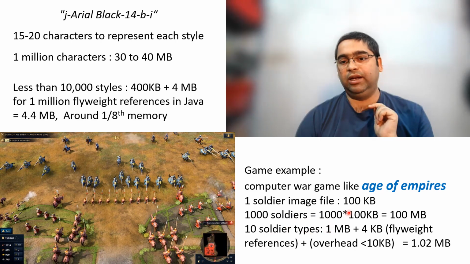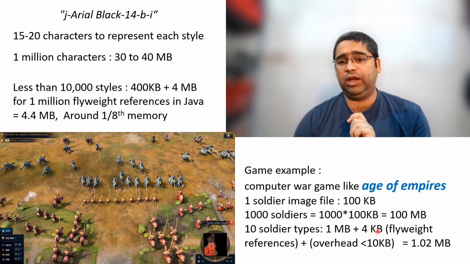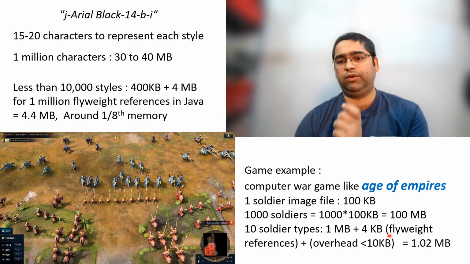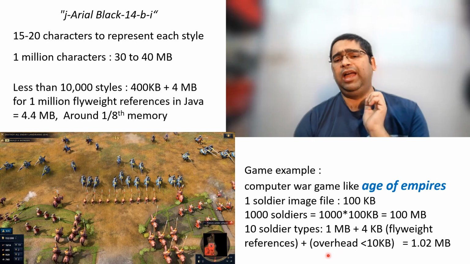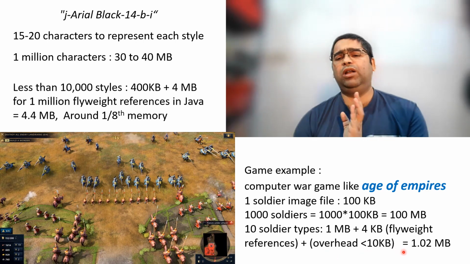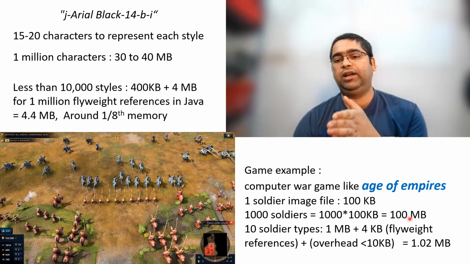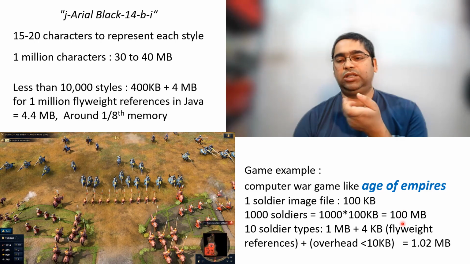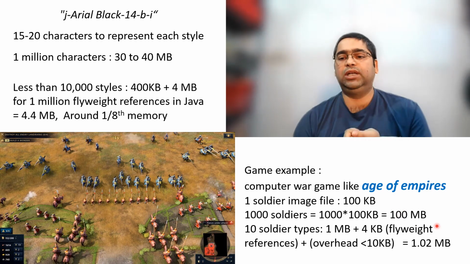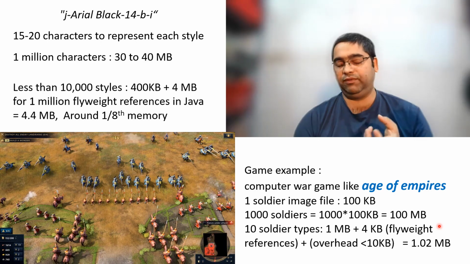It will be 10 into 100 KB, that is 1 MB, plus 4 KB, which will be the flyweight references, that is 4 bytes into 1000, 4 bytes for each reference variable in Java, and there will be some overhead. So overall it will be hardly 1.02 MB or 1.03 MB, while if we did not use sharing of data or the flyweight pattern, then we would have consumed 100 MB of RAM. So you can see it is quite space efficient, or memory efficient, you can say.